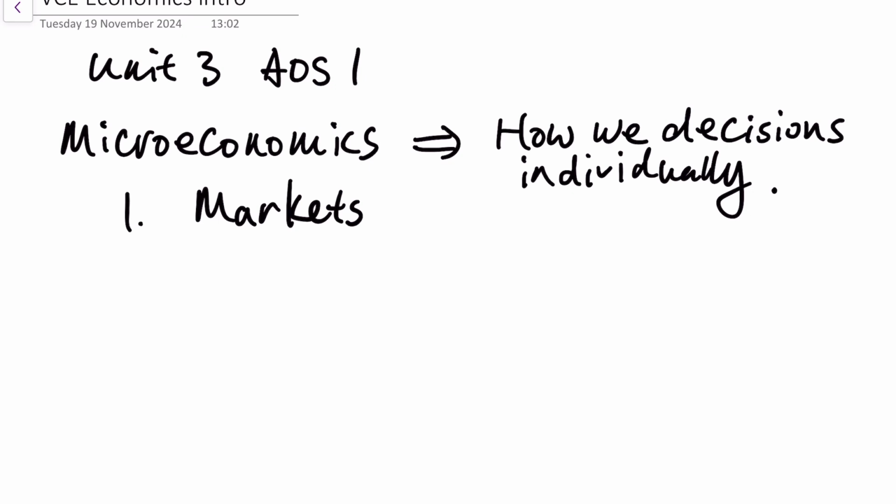Also, we have labor markets, which is a relatively special type of market, because if we think about individual consumers, what we will usually encounter is we are the buyer and the firms, companies are the seller. But in the labor market, it's the other way around.